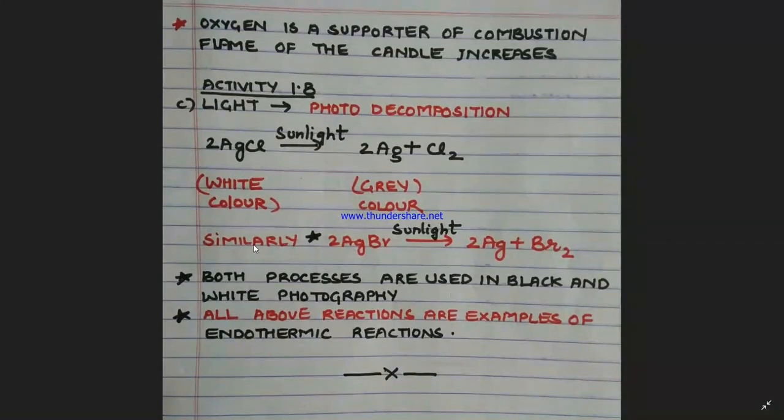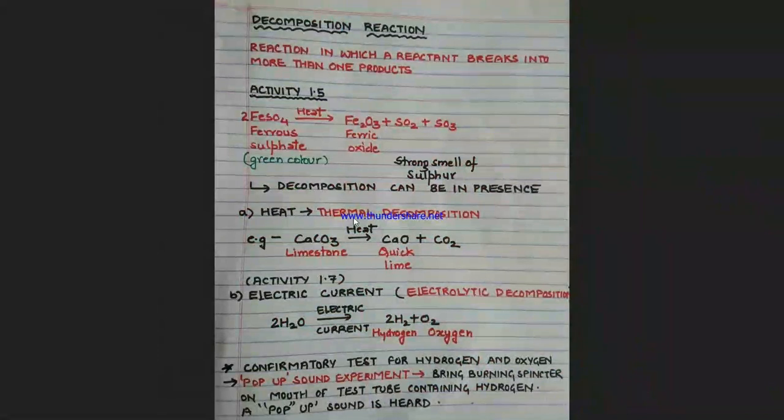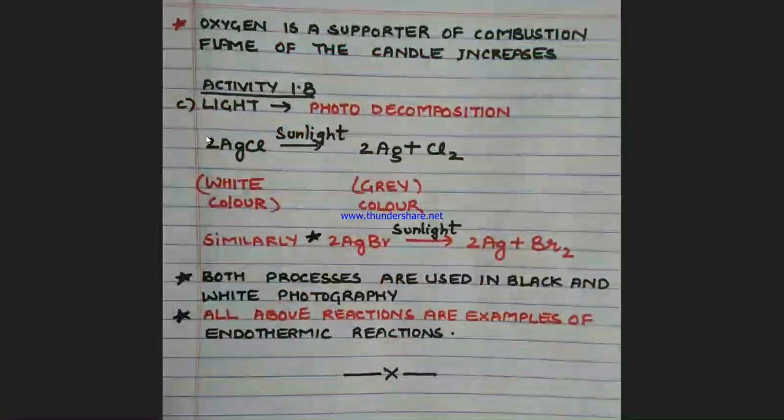Both processes, the breakdown of AgCl and AgBr, are used in black and white photography. We have seen three kinds of decomposition reaction: in presence of heat, electric current and light.